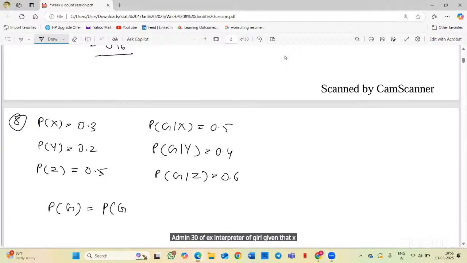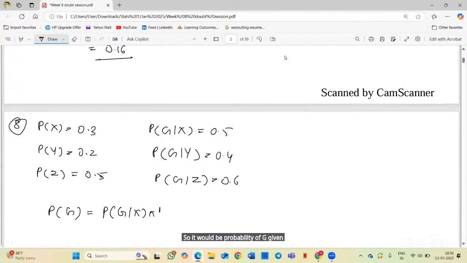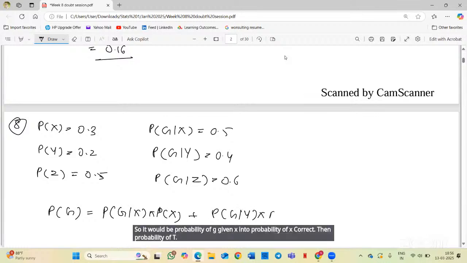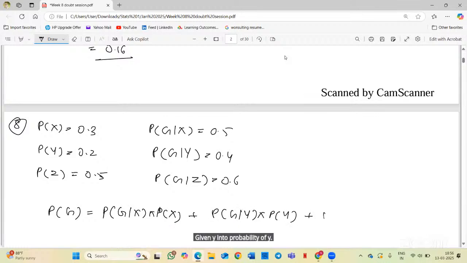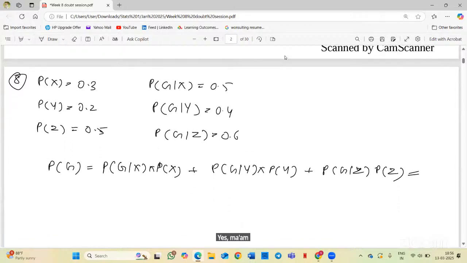So it would be probability of G given X into probability of X, plus probability of G given Y into probability of Y, plus probability of G given Z into probability of Z. This formula is fine by you? Okay.